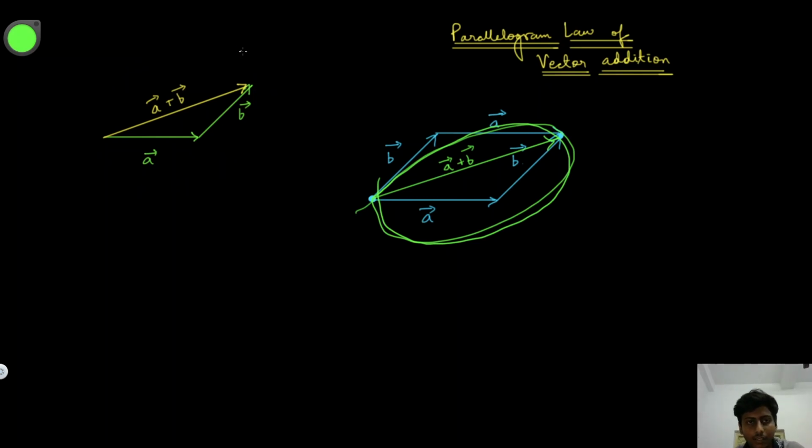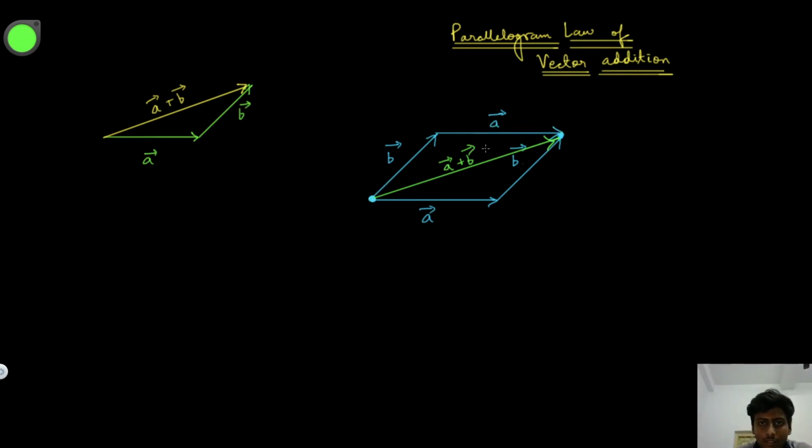In fact, we can say that the above diagram is also a resemblance of the triangle law. So this is just another way to represent graphically. The parallelogram law does not change any specific formula or any method which we implement to get the resultant vector. It is just another way we can represent vector addition graphically.